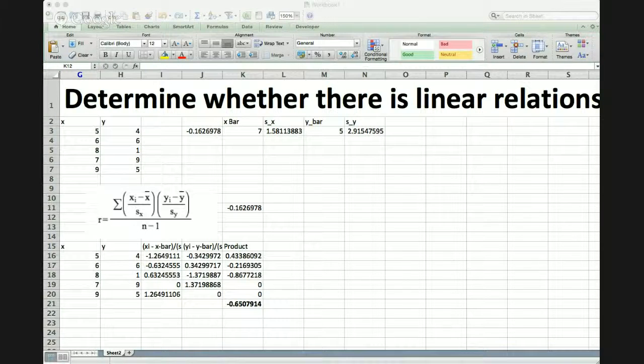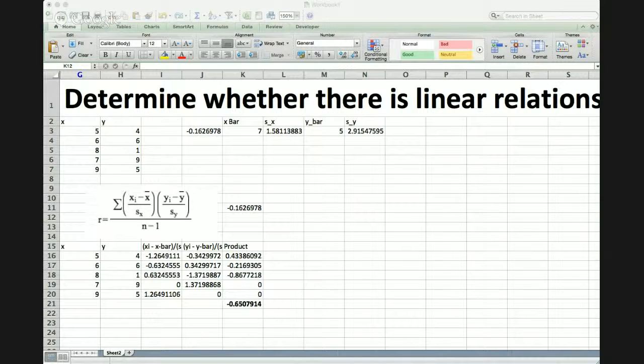For the critical value, we have to first find it. You can use the critical value for correlation coefficient table. You can just Google that, or you should have that in your stats book. If you look for n equal to 5, the critical value is 0.878.